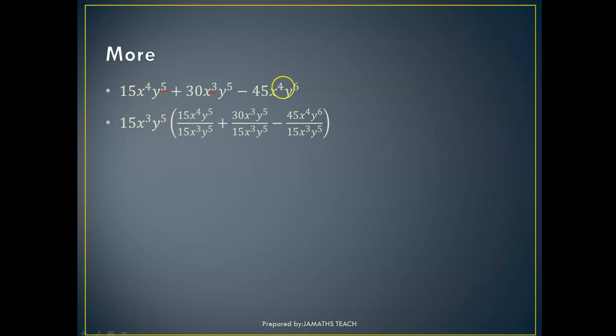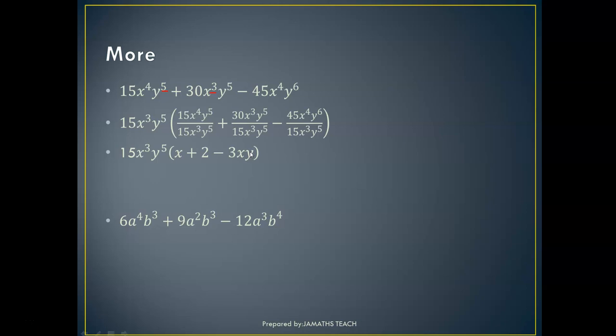Then we divide each of the terms by the same HCF. 15 into 15, 1. 4 minus 3, 1, so we're going to have 1x. And 5 minus 5, 0, so no y would be left. Then 15 into 30, 2, and x cubed y to the 5th into x cubed y to the 5th, 1. 15 into 45, 3. 4 minus 3, 1, so we'd have x. 6 minus 5, 1, so we'd have y.